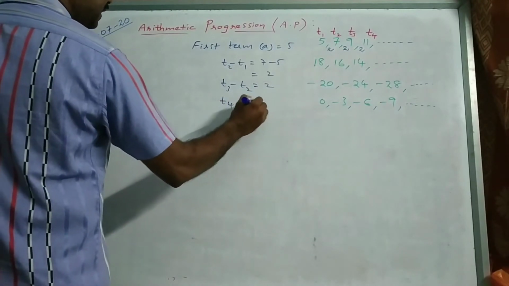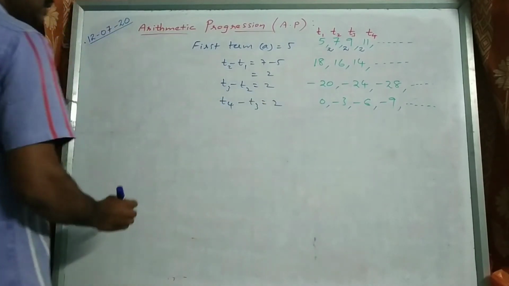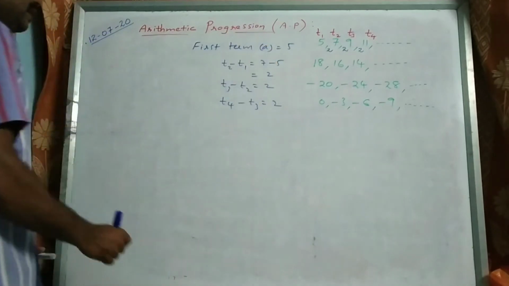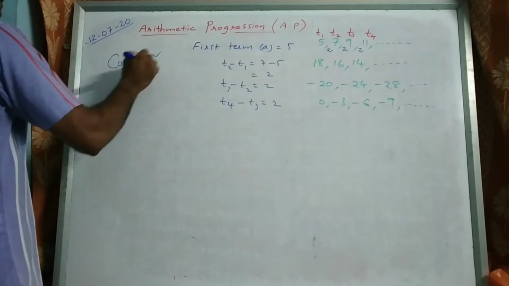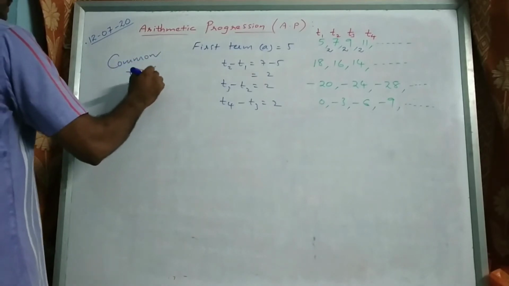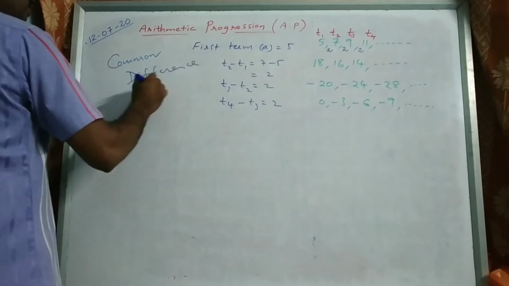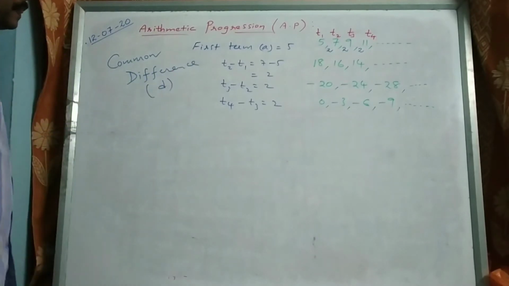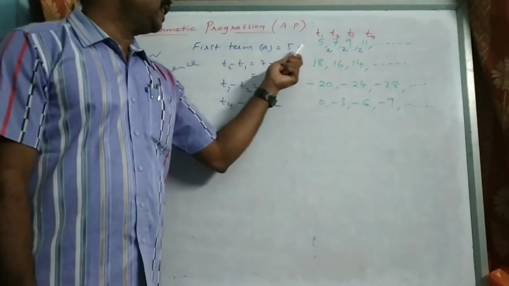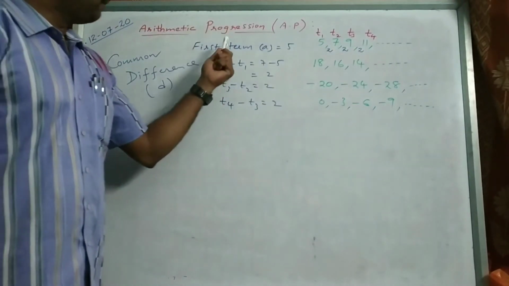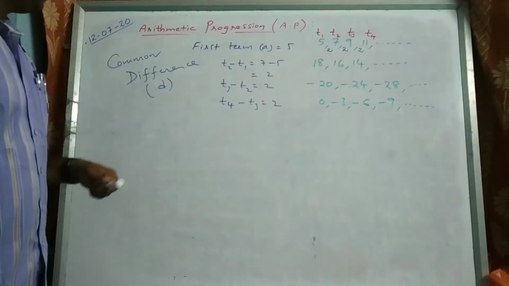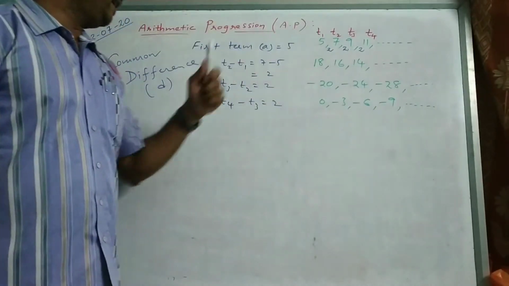T4 minus T3 is also 2. This difference is called the common difference, denoted by small d. Remember that the first term is denoted by small a or T1.